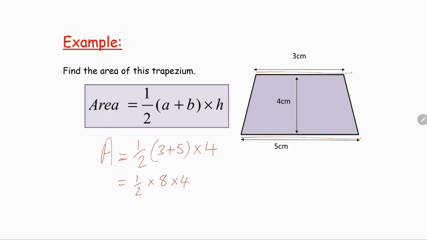So half times 8 means half of 8. What is half of 8? Half of 8 is 4, so we end up with 4 times 4, which equals 16 centimeters, and because we're doing area, it's squared. So that is the area of our trapezium.